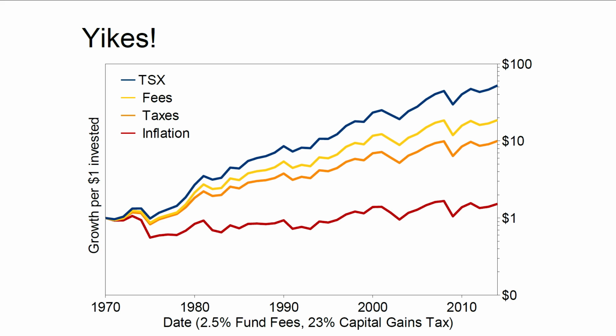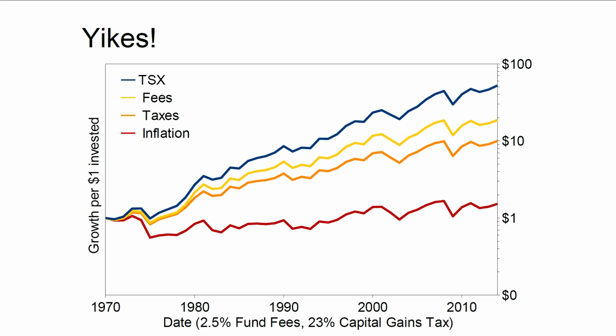That is, the value of the dollar tends to go down over time, and you can see the impact of inflation here. It's a really big impact. Inflation was particularly a problem in the late 70s, early 80s, which is why I went with the log graph in this case. And you can see that you're starting off with $1 invested, you wind up with just a little bit more than $1 at the end of the day.